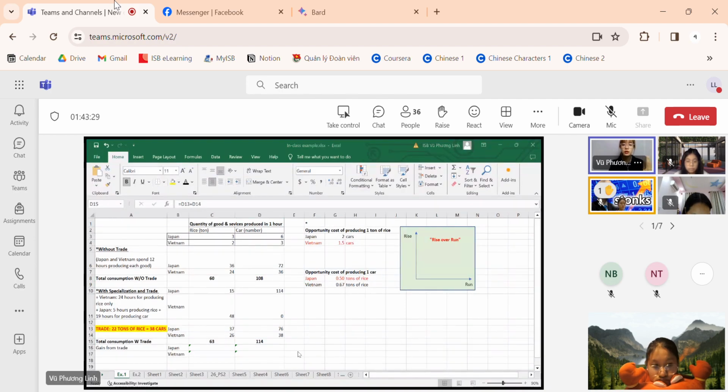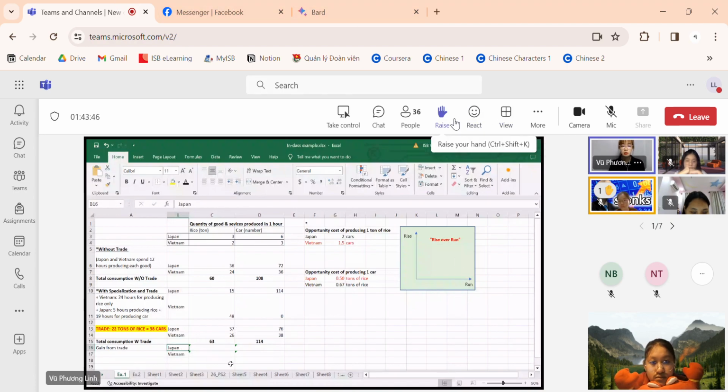Okay, that is when we talk about the benefit of trade. So when we talk about Japan and Vietnam separately, can you tell me how many more cars and how many more tons of rice that Japan and Vietnam here can consume?